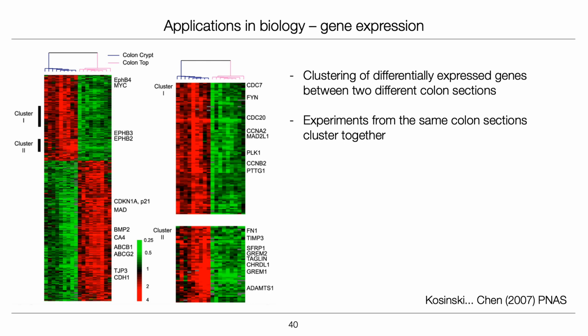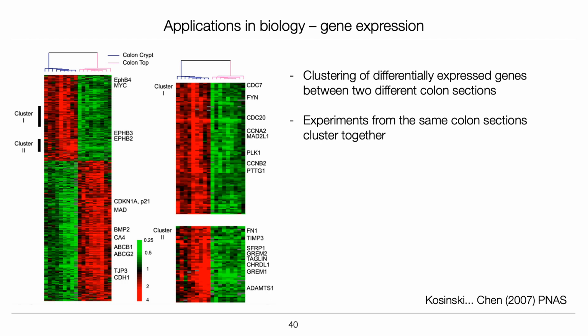Here is a biological application of hierarchical clustering to analyze differential gene expression between 2 colon sections, the crypt section and the top section, indicated by blue and pink colors, respectively. You can color genes as well as samples.